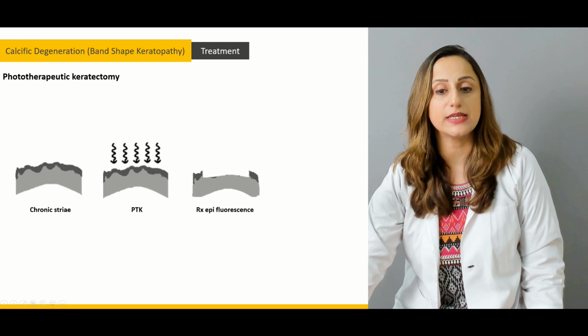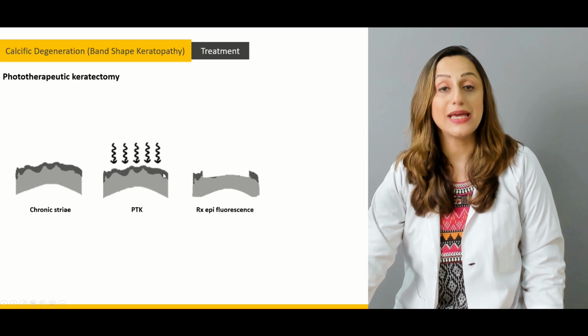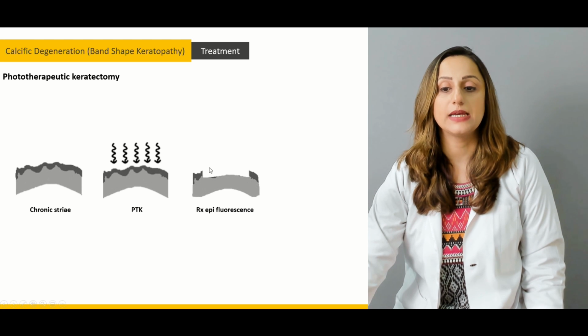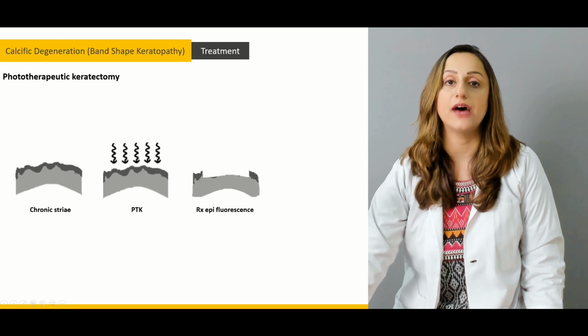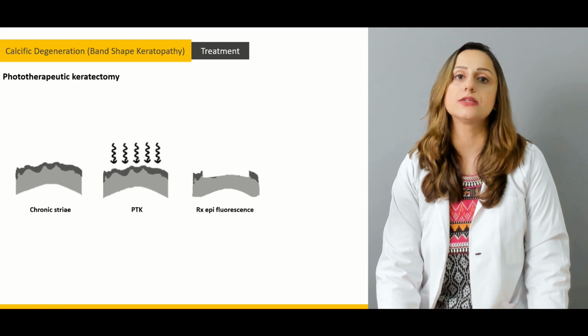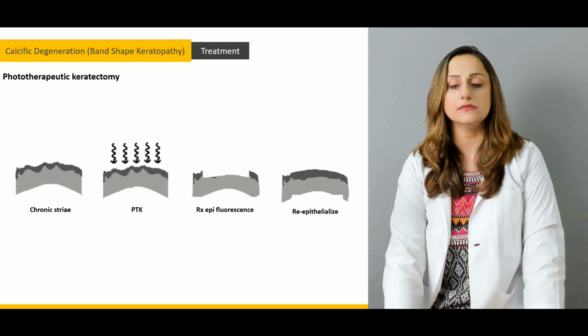As you can observe, this grayish structure over here is the calcific deposition, and as you can see, after the PTK it is transformed and we have a clear cornea, and obviously it is going to result in clear vision in these patients as well.